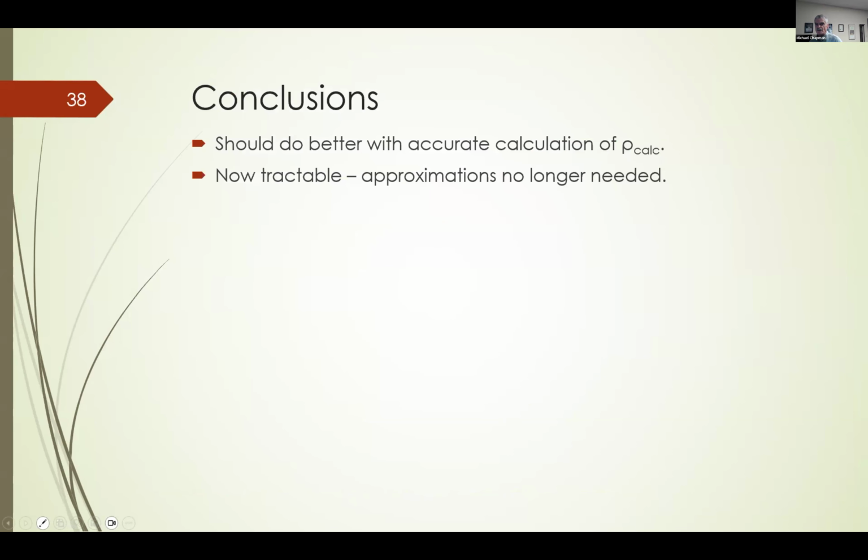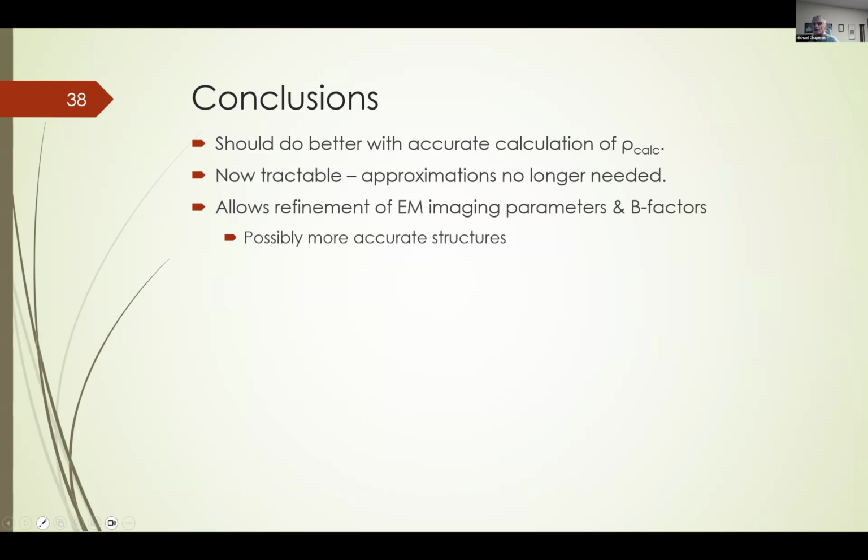So at this point, I want to wrap up and ask, what are we learning from doing a good job of refinement? And I think that we're learning that we should be able to do better with accurate calculation of atomic density, and that now this is fully tractable.